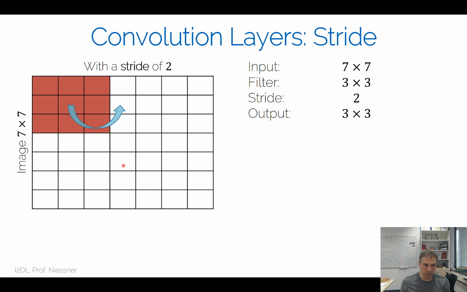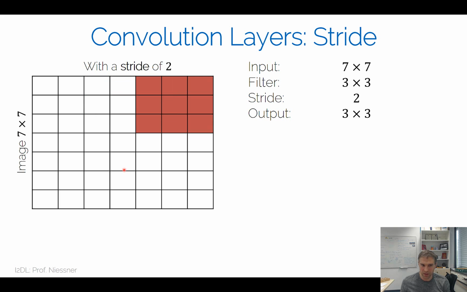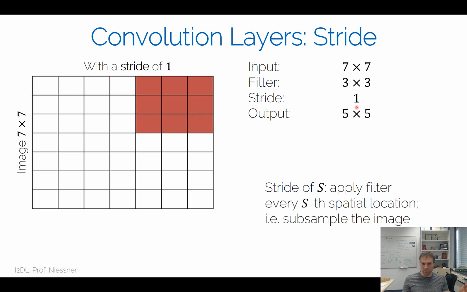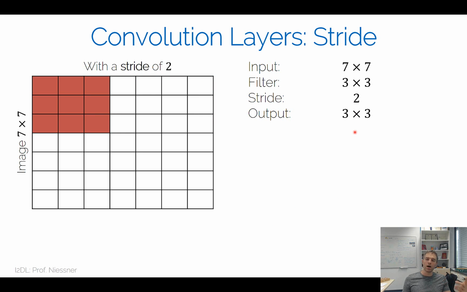I'm going to skip, from here to here, and then I skip again and go to here. So if I use an input image of 7 by 7, a 3 by 3 filter and a stride of 2, my output is going to be 3 by 3, instead of 5 by 5 that I had before. Remember, this was stride of 1, which had 5 by 5. So the stride determines how many locations I have, basically.